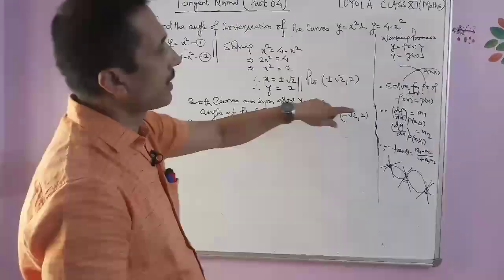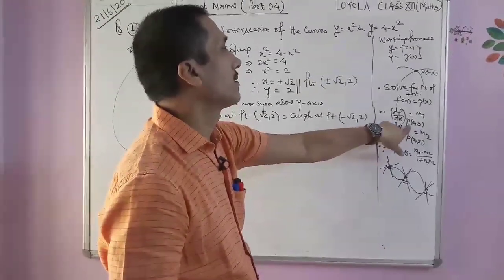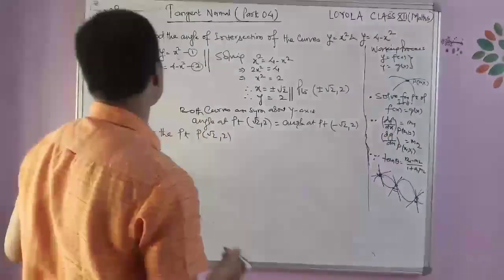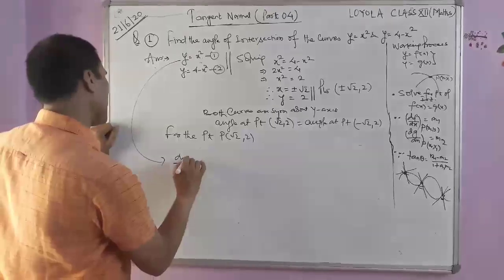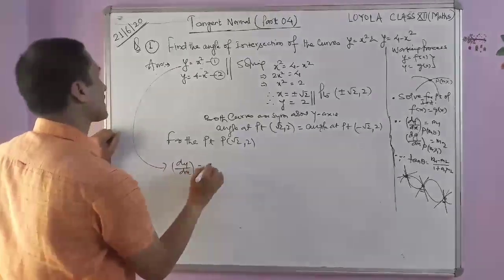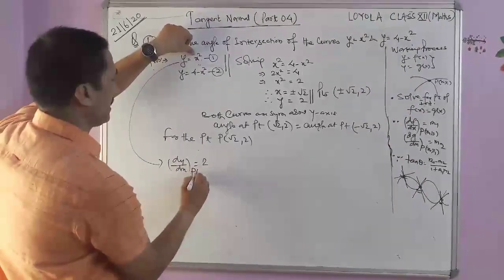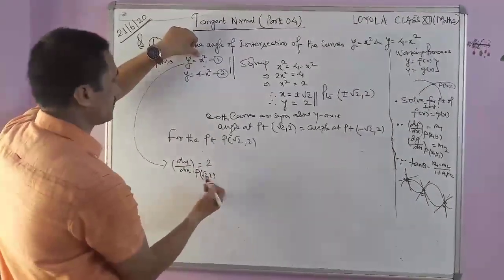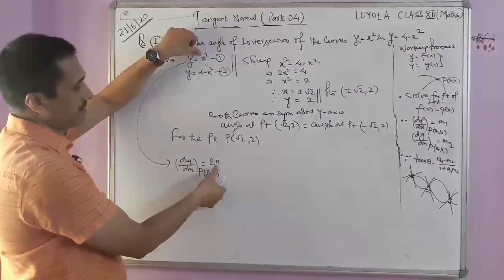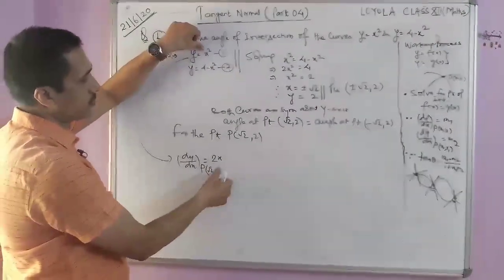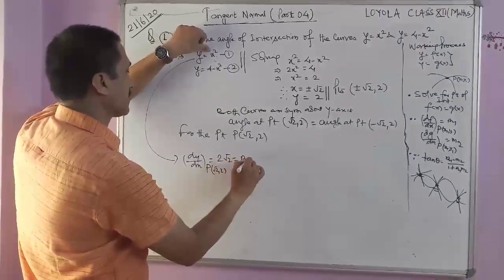So for any one, first we differentiate the first curve and put in the coordinates of the point of intersection. Here dy by dx is 2x, at P root 2, 2, here x equals root 2, so this is 2 root 2, assuming it m1.